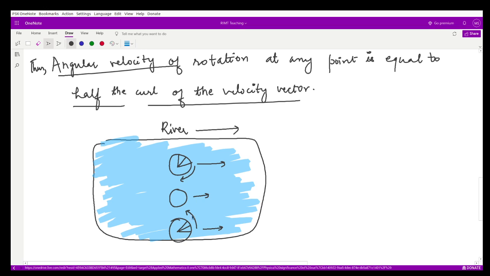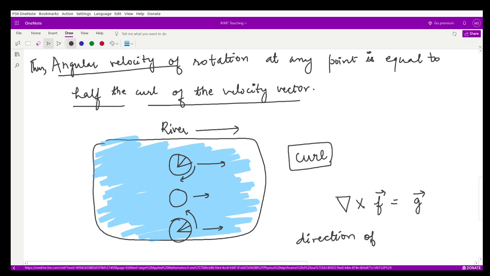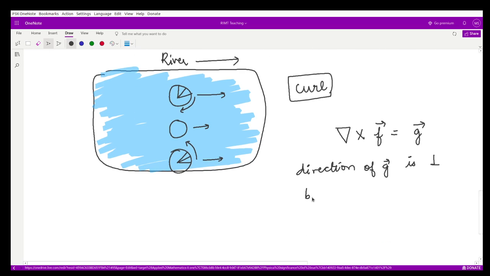So actually this rotation is represented by the operator curl. This gives you a direction which is perpendicular: del cross some vector f gives you another vector, say vector g, and the direction of vector g is perpendicular to both the direction of del and vector f.